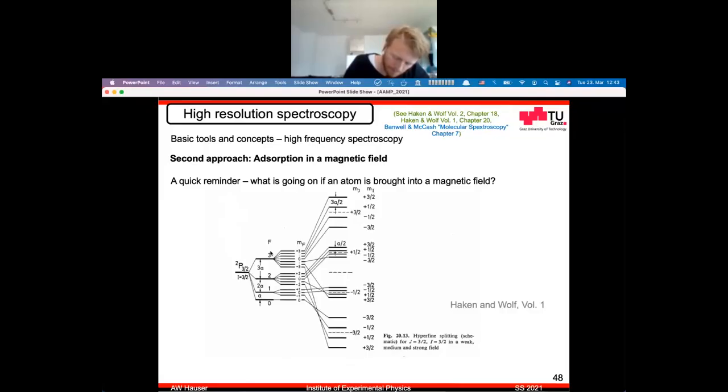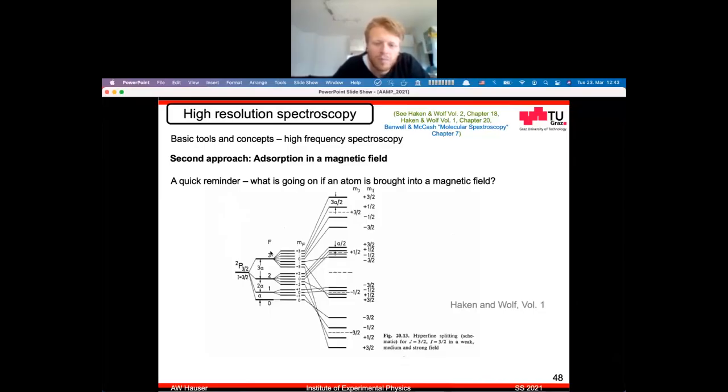But the moment we introduce a magnetic field, the orientation becomes relevant. And if we look at the algebra for angular momenta, this Lie algebra, you see there are 2J plus 1 possible orientations or projections that our F can have onto this reference axis introduced by the magnetic field. And so for F equals 3, this gives us 2 times 3 plus 1 possible ways of how it's oriented, right?